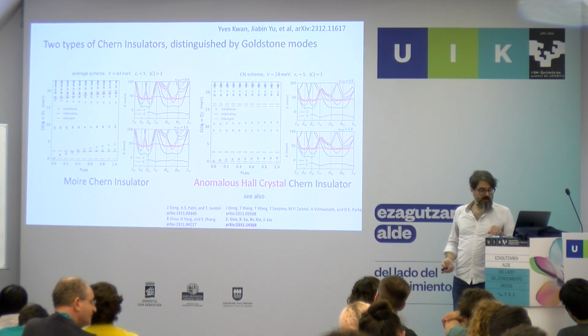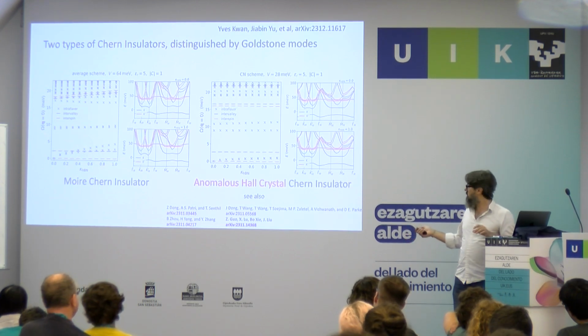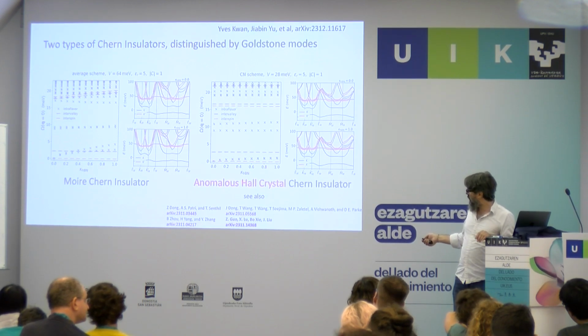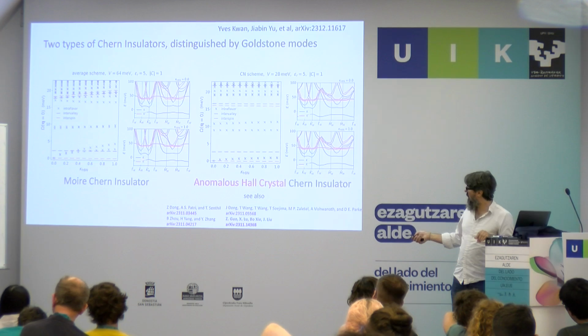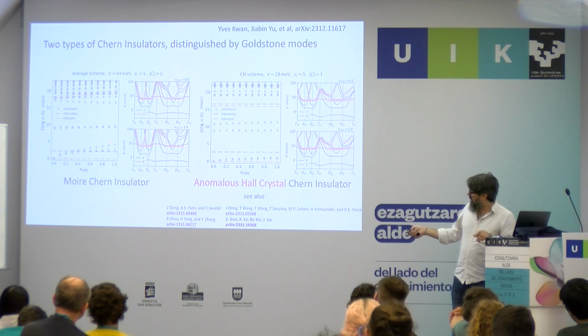You can see it here. It's only in the collective mode spectrum. One is a spontaneous Wigner crystal, which we call an anomalous Hall crystal these days, but this one is a moire Chern insulator, because the moire comes in and you can see a sizable gap of these phonon modes.